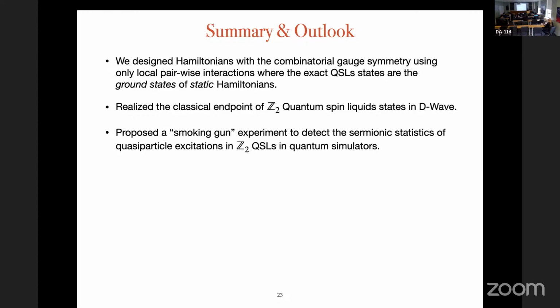Furthermore, we proposed a smoking gun experiment to detect the fermionic statistics of quasiparticles in Z2 quantum spin liquids in quantum simulators. So right now, what we are trying to do is, okay, it doesn't realize in a D-Wave machine, but is it possible to detect such fractional statistics of Z2 quantum spin liquids in the IBM machine? With that, I would like to thank you all for your attention.